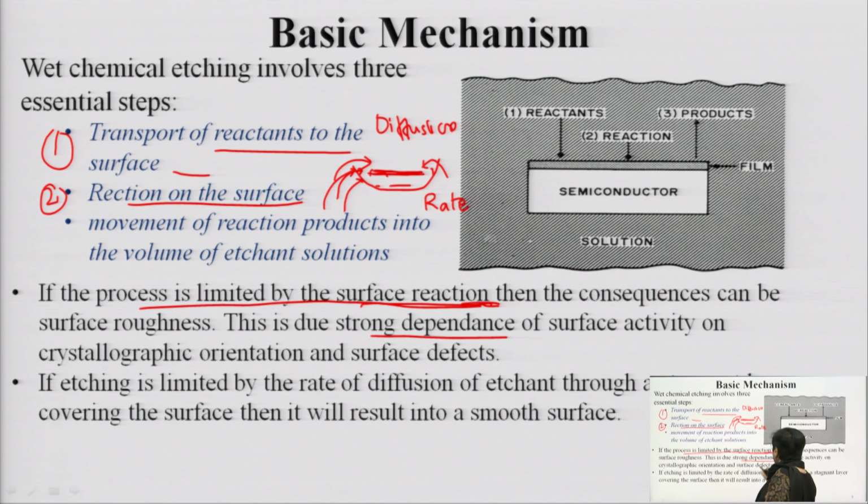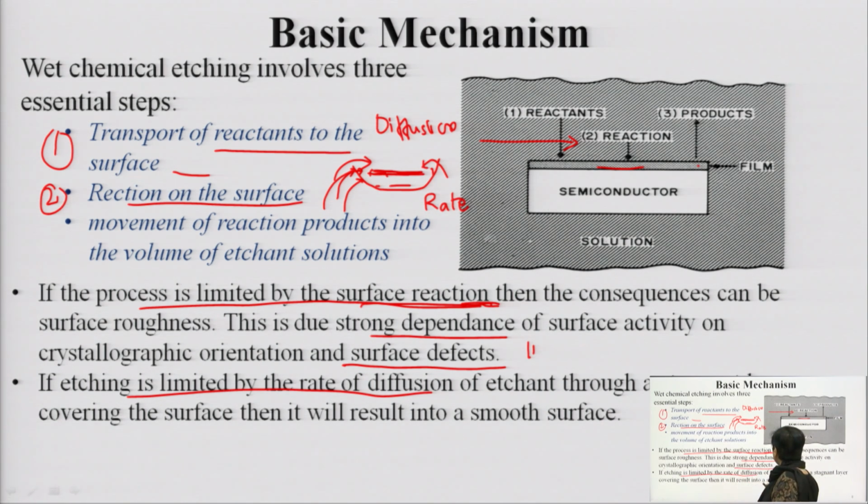So that rate will be stronger, and it can result in the creation of some surface defects on the wafer. Whereas when etching is limited by diffusion, the species are transported, the reaction has happened and a stagnant layer is formed. The reaction is limited by diffusion because no more species are available and the layer is stagnant.